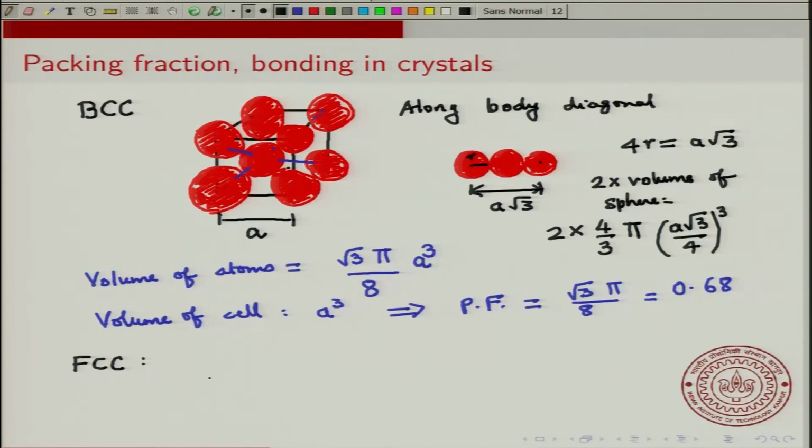If you put it all together, you get a packing fraction given by 4 atoms, and the volume of each atom is 4 by 3 pi r cube, where r will be root 2 by 4 a instead of root 3 by 4 a, divided by a cube.